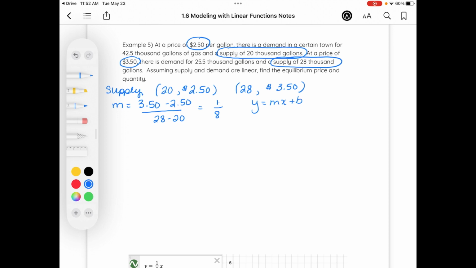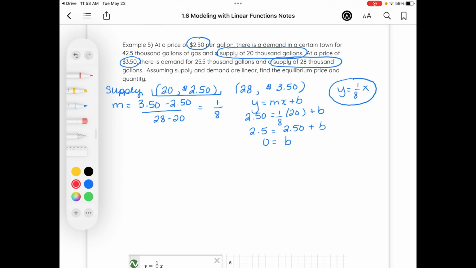I noticed that neither one of the points that I have stated is the y-intercept, so I'm just going to use one of them in order to find that y-intercept. 2.50 is 1/8 times 20 plus b. 2.50 is 2.50 plus b. When I multiply and subtract 2.50, 0 is b. Perfect. So I have one equation, y equals 1/8 x plus 0. We're going to need to come back to this.